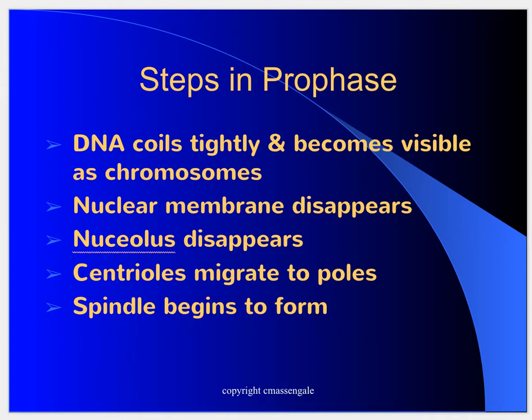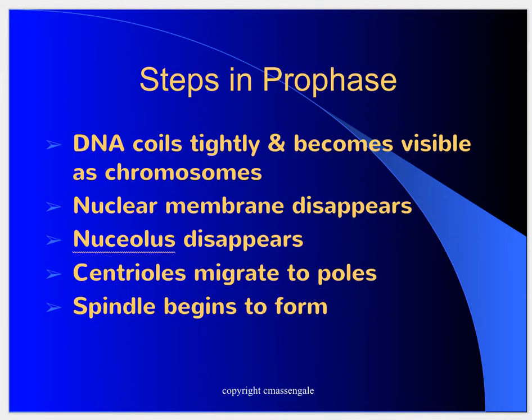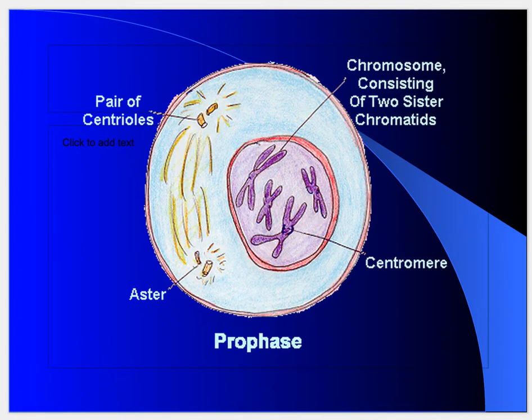And those centrioles, the things that we saw floating around in here, are going to start to migrate to the poles, meaning that one pair is going to come up here, and one pair is going to come down here. Then you're going to see these spindles start to form.